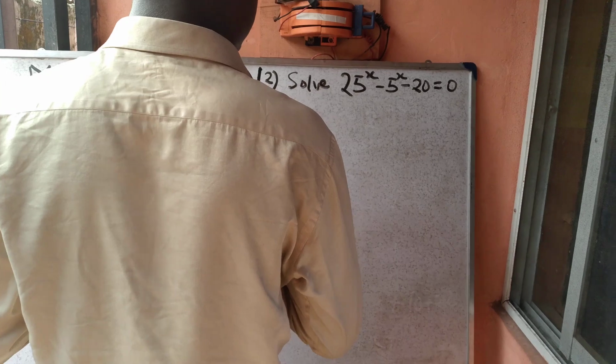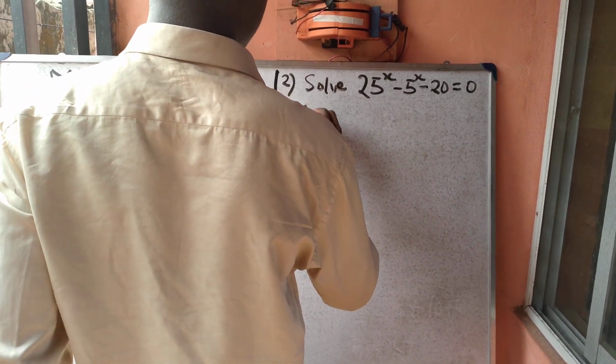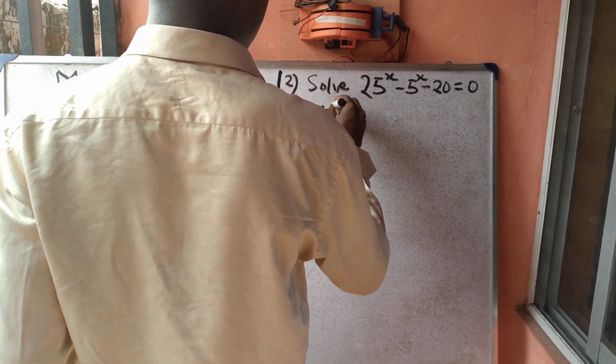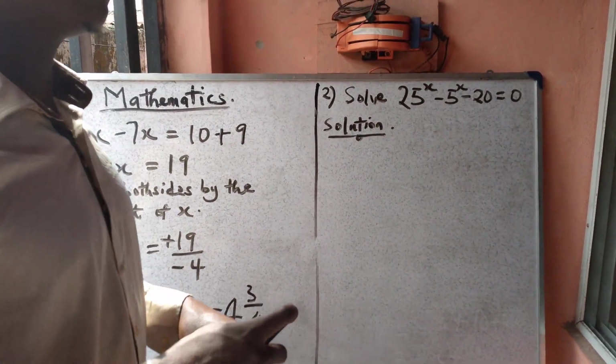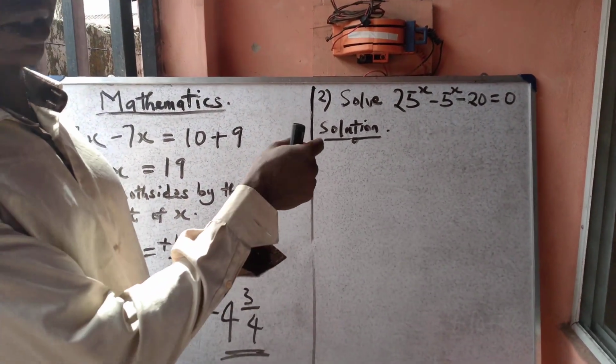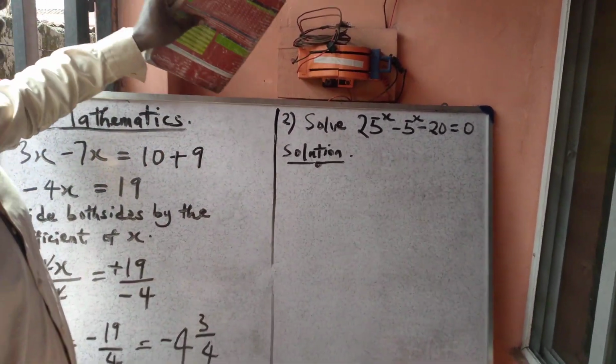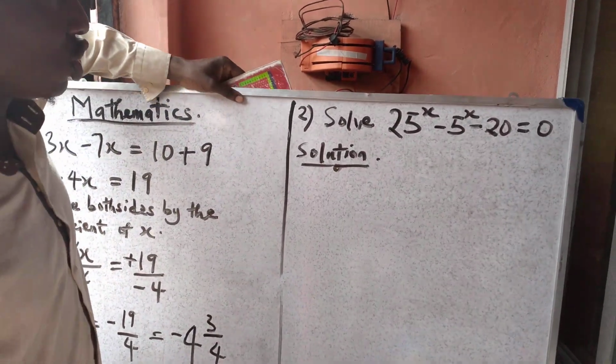Okay, let's look at that solution. We say solve 25 raised to power x minus 5 raised to power x minus 20 equals to 0.